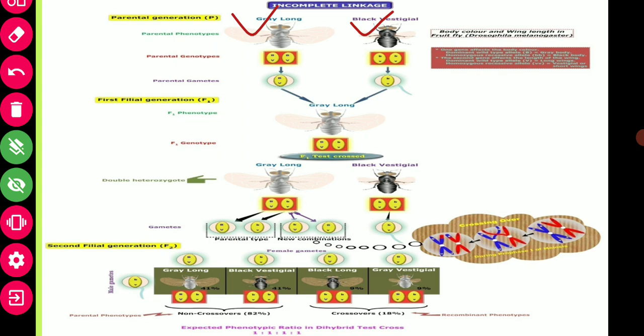So he told that grey and long wing has a composition of capital B and capital V, whereas black and vestigial has a combination of small b and small v.